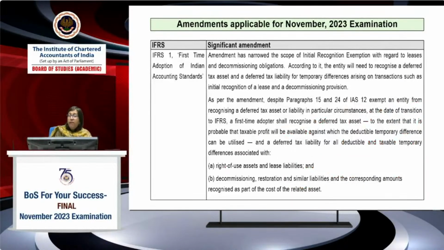Still, if an entity is using IFRS, is applying IFRS for the first time in the financial statements, then even if it is not giving rise to equal taxable difference, still we have to compute deferred tax asset and liability on it, and we have to recognize deferred tax on it. Okay. So these were the amendments which took place in March 2023.